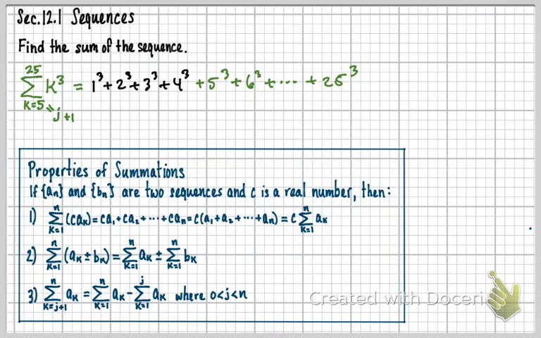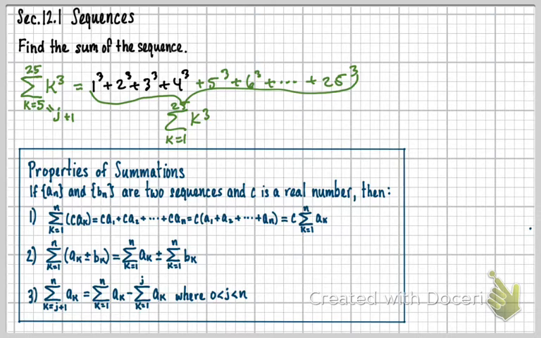Okay, so when I look at this here, that's my 1 to n. So that would be my 1 to 25. So this series right here of all of this, this would be my sum of k cubed from k equals 1 to 25.